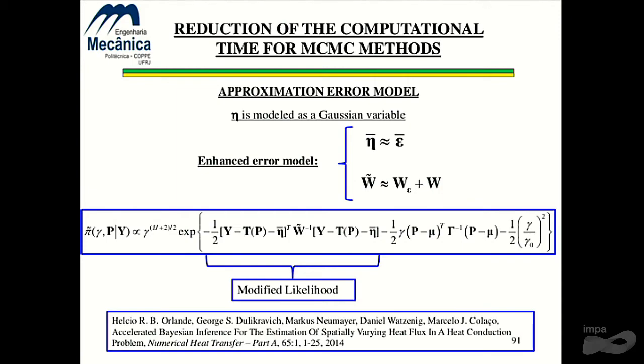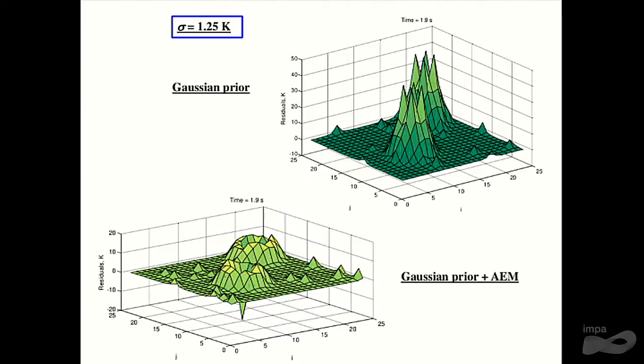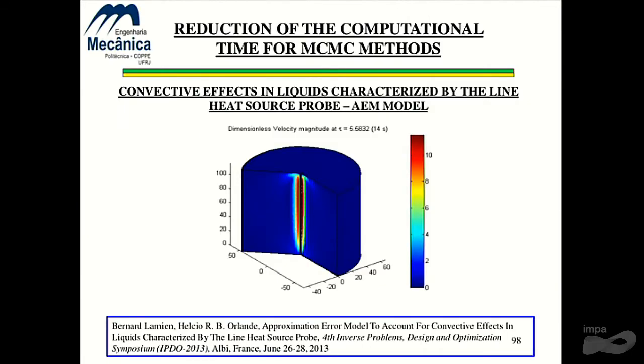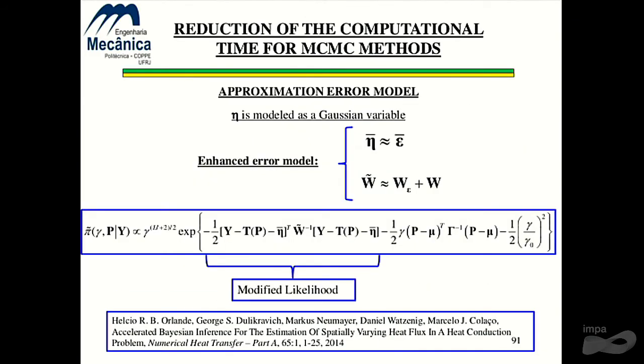We compared the complete and the enhanced error model for one single problem, which was this one here. Same thing, same stuff. And in general, we have been only applying the enhanced error model.